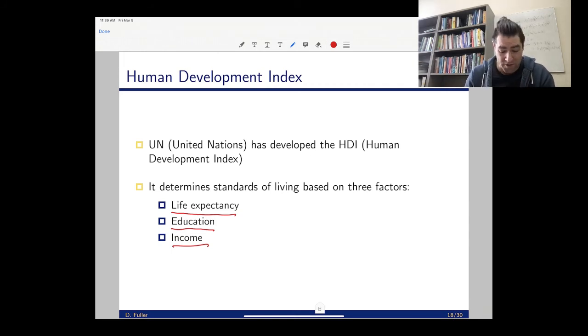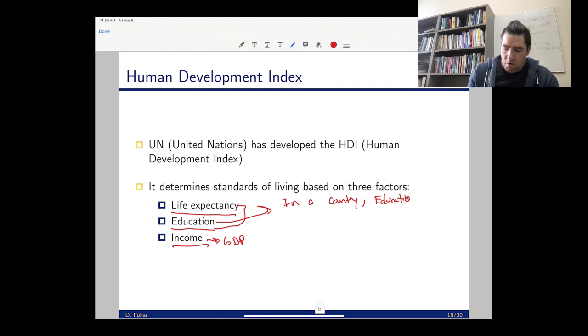So we're going to take GDP, and we're going to add these other features that we think matter, life expectancy and education. And so you go to the homework, and there's a question like, let's say in a country, educational attainment increases.